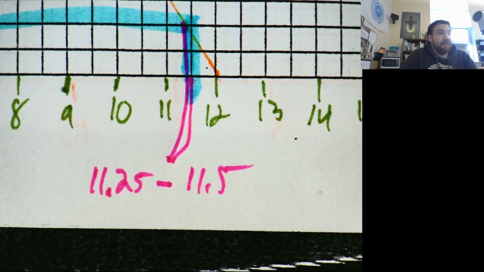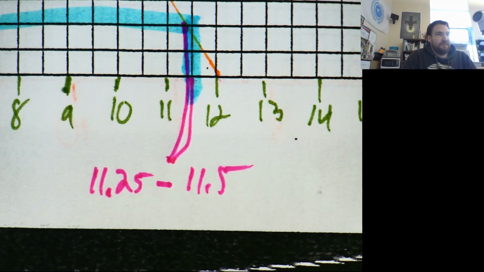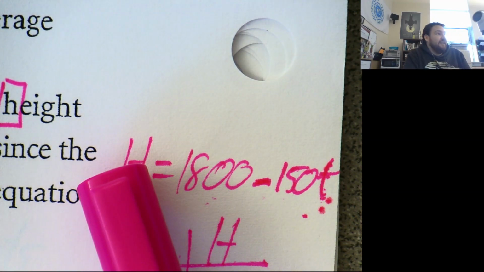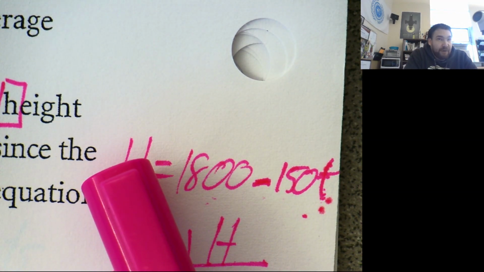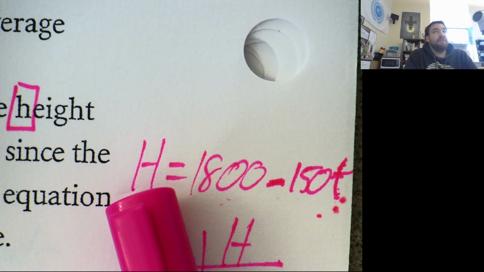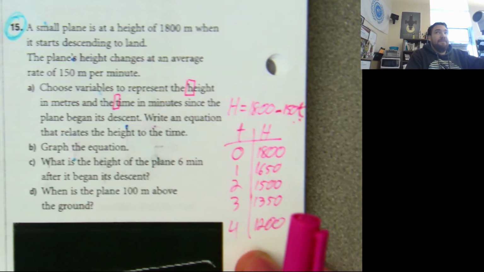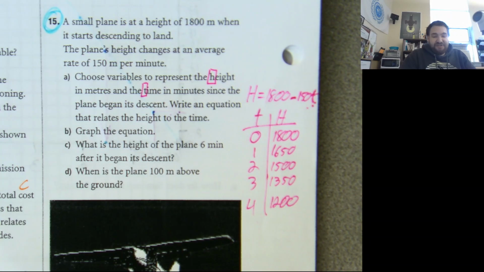So you can answer anything in there. 11.3, 11.4, 11.45, 11.33333. Because if you actually plug it into the equation, if you put 100 in here and solve it, I think it's actually 11.3 repeating. If you actually do the math, it's 11 and a third. But that is how you do the 2 questions I assigned yesterday.